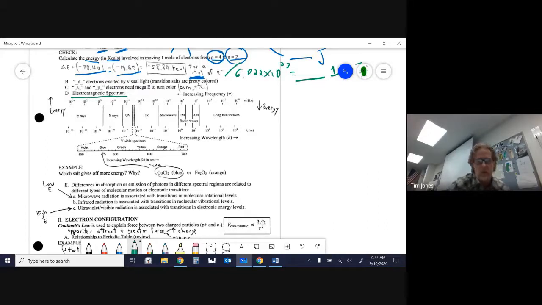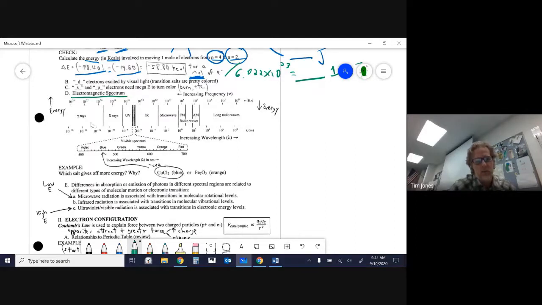And it shows light right here in the middle, and then it was expanded. And then it shows lower energy things like infrared, microwave, and radio waves. And then to the left, it shows higher energy things like ultraviolet, X-rays, and gamma rays. Now be aware, sometimes you'll see this chart in its reverse order.